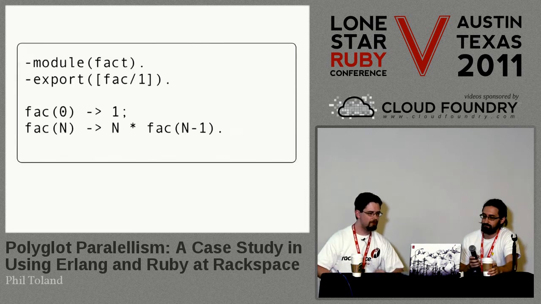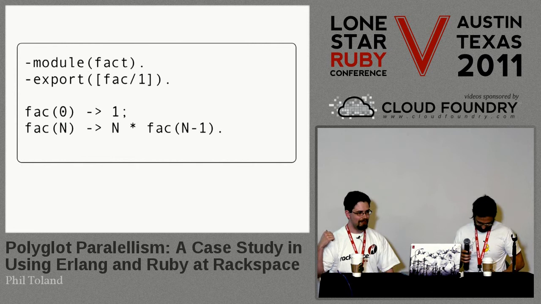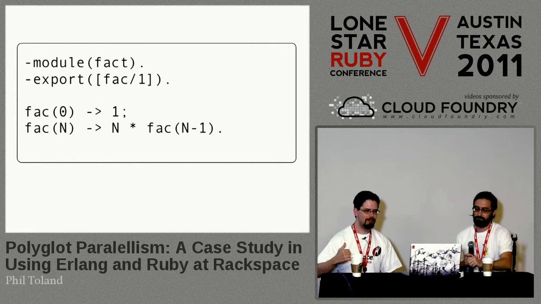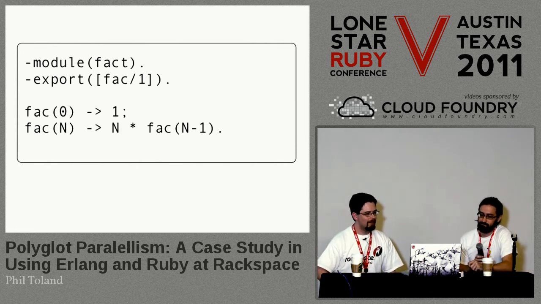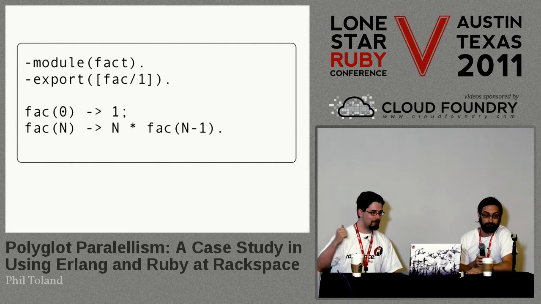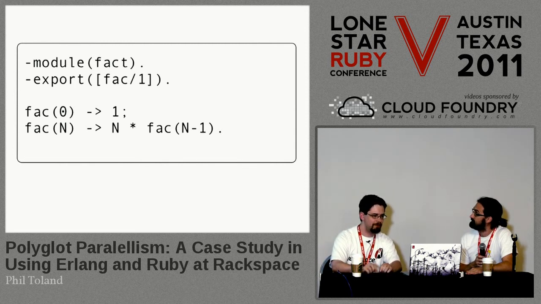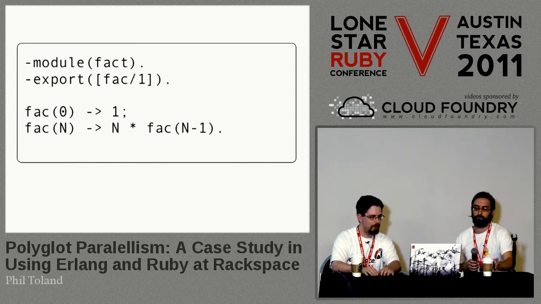So we got 2 more little code samples just to kind of show off here. This is the bog standard factorial function, the hello world of computer science. We declare a module called fact, and we export one function called fac. And in Erlang, function signatures are identified by the function name and the arity of the function. So our function fac takes 1 parameter.